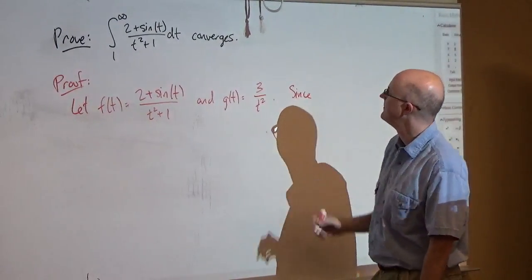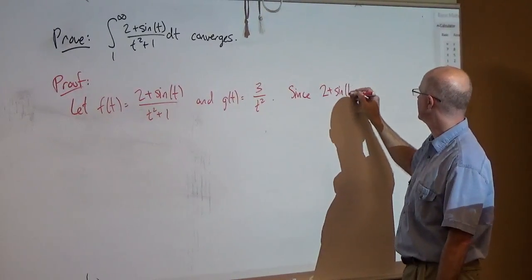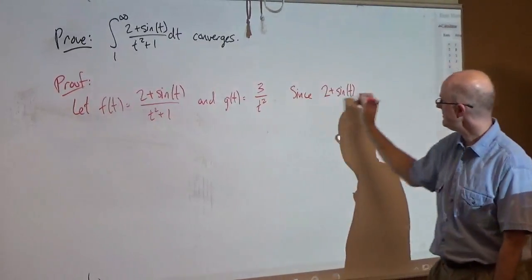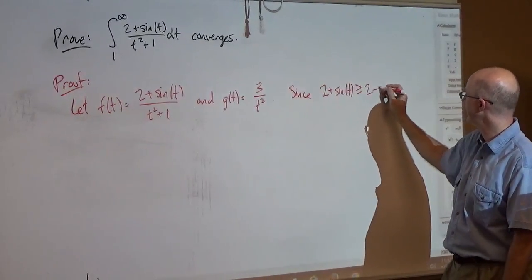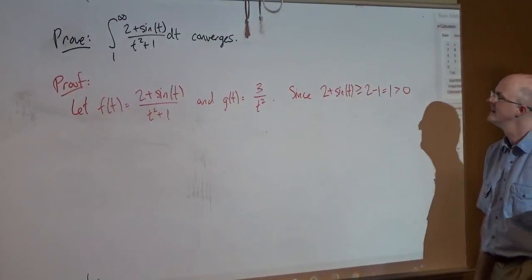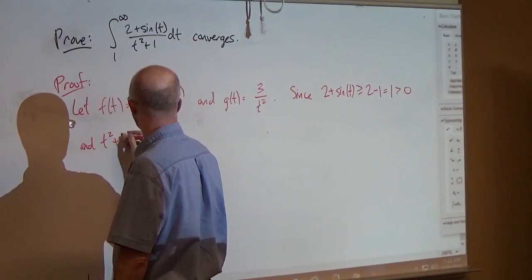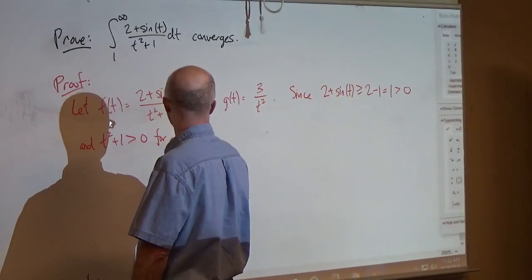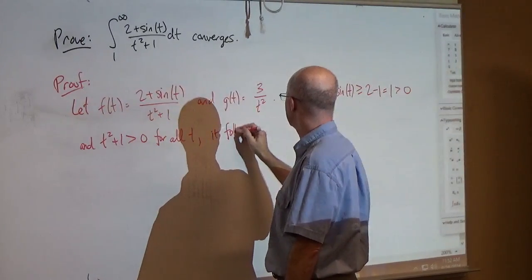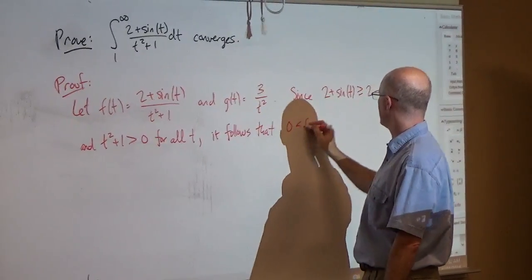You should say, since 2 plus sine t, let's focus on this thing first, is greater than or equal to 2 minus 1, or 1, which is greater than 0, and t squared plus 1 is greater than 0 for all t, it follows that f of t is bigger than 0 for all t.